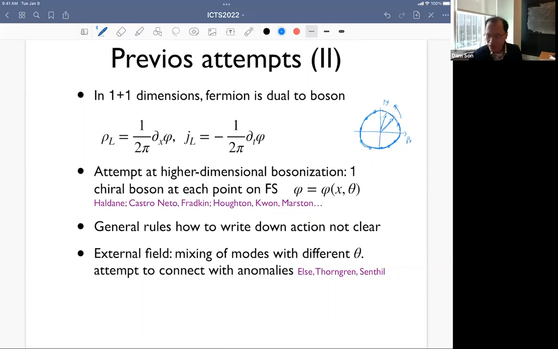We will see that our picture will be slightly different from what Els and collaborators wrote in their paper.